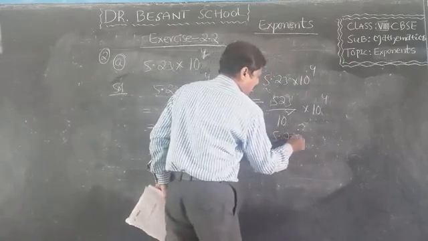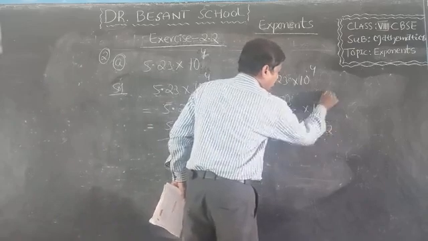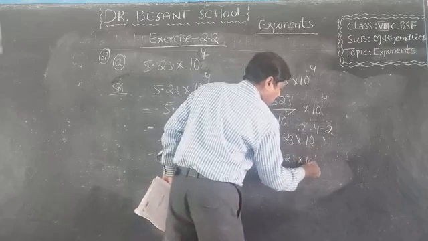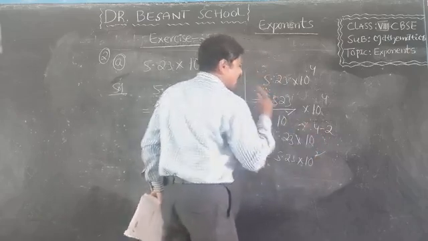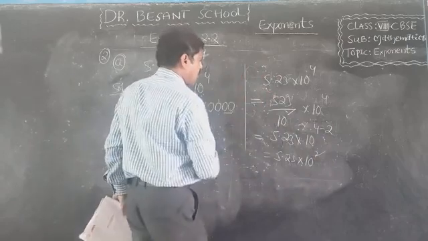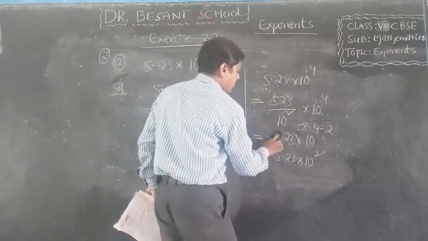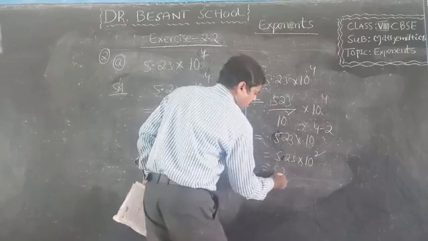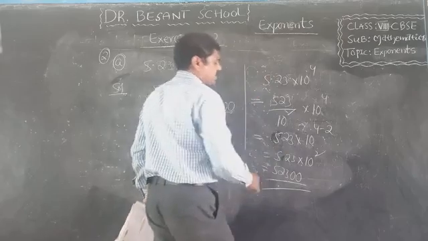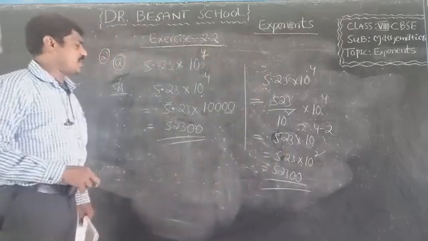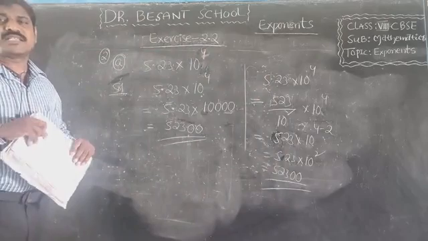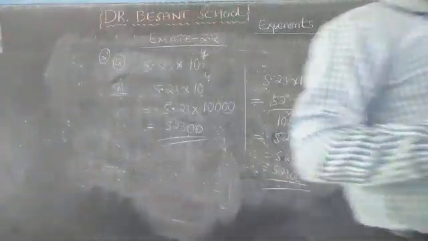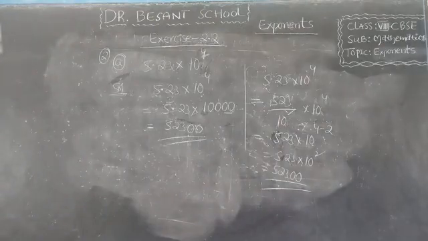So 5.23 into 10 power 4 minus 2, that is 523 into 10 square. So 523 into 10 square means 100, so 52,300. Anyhow, we will get the same answer only. So in this way, we can solve. I hope it's very clear, children.